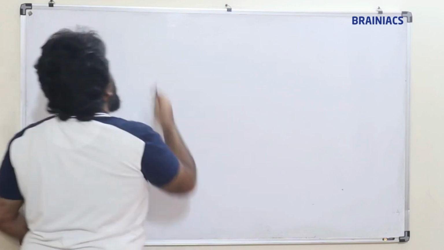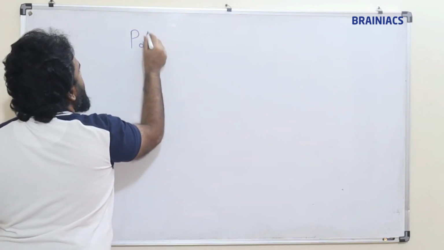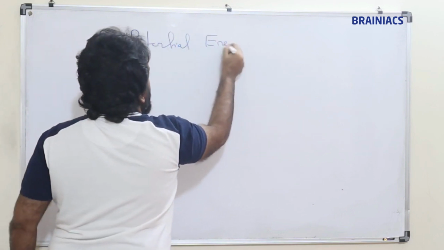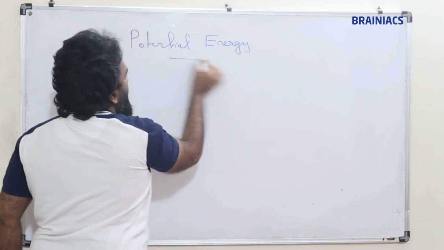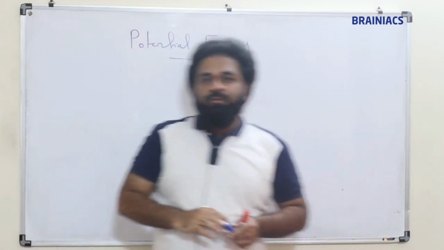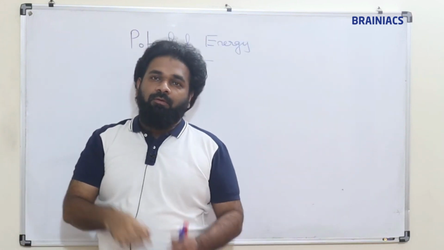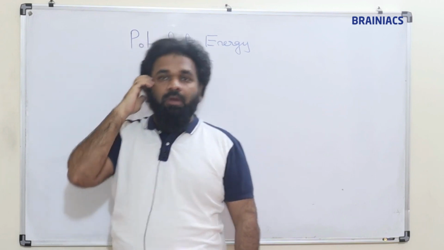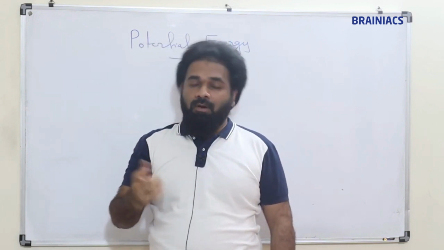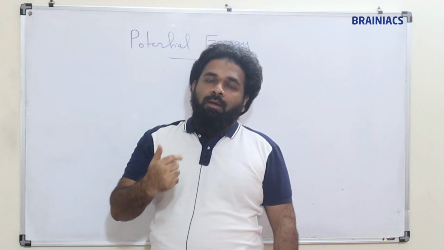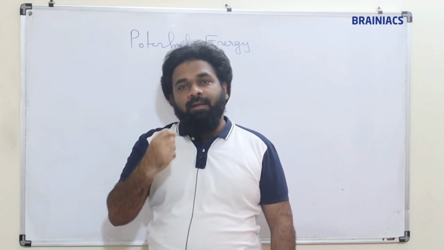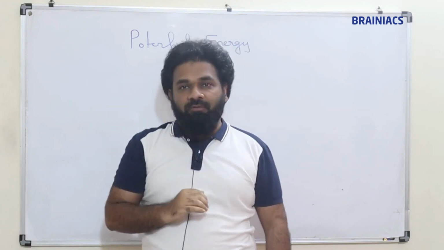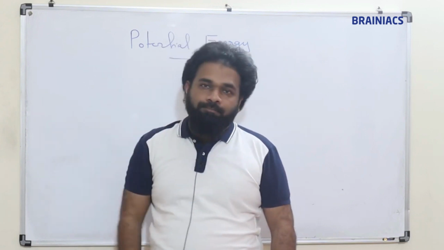Okay, next one is potential energy. First we should understand the definition we have used here in this context about potential energy. Potential energy is defined as the work done in moving the magnetic dipole which is kept perpendicular to the magnetic field to any other angle.